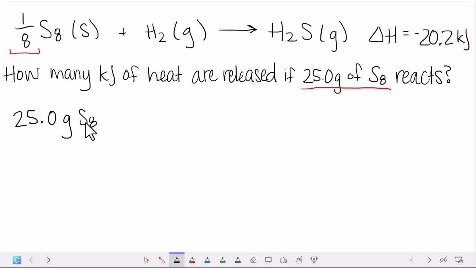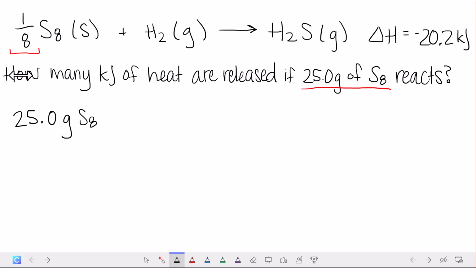Keeping that in mind is going to help us with this next step, because eventually we're going to want to use some thermochemically equivalent quantity to figure out how many kilojoules are released from this reaction if I have this mass of one of my reactants. If I want to use that thermochemically equivalent quantity, we can call it something like an enthalpy ratio, I need to have my amount of any particular substance expressed in moles.